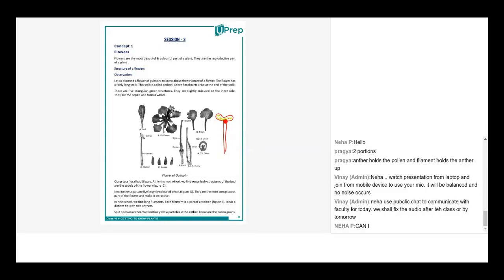And there are certain flowers where the stigma has very tiny hair-like projections, just like the rugs and carpets that you have at home. Once the pollen falls here, it gets trapped by these hair-like projections.